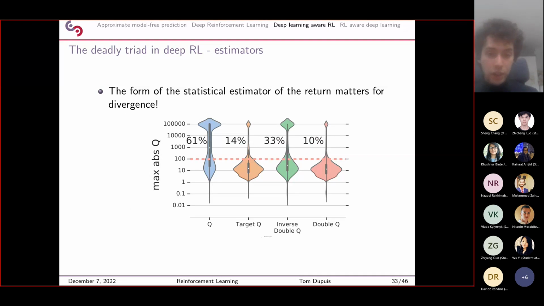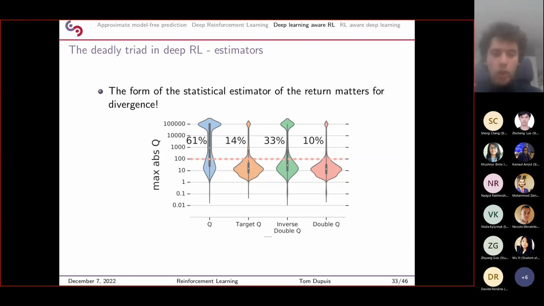And so here you can see that if you plot the distribution of the outputs of the Q values after some amount of interaction with the environment, on the left it looks like this, and especially you have 61% of the distribution where the Q value is above 100.